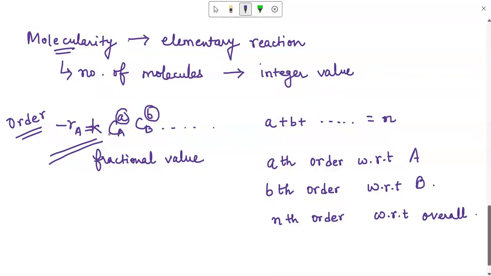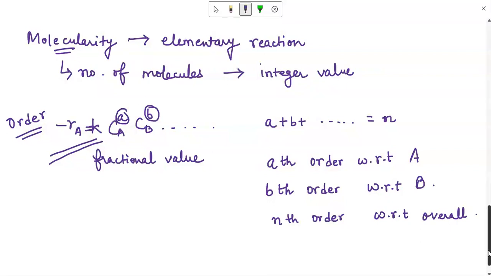But if your expression is very complex, your first try would be to simplify and bring it into this general format to get the overall order. Otherwise, it is often avoided to use the term reaction order for very complex cases.